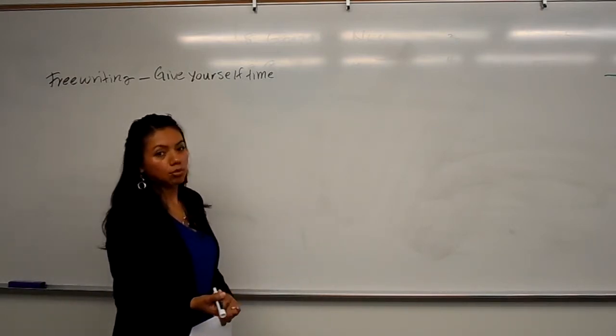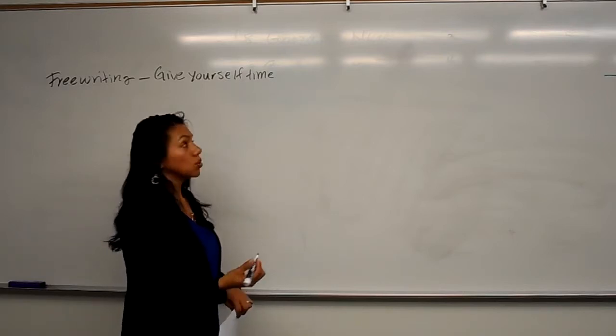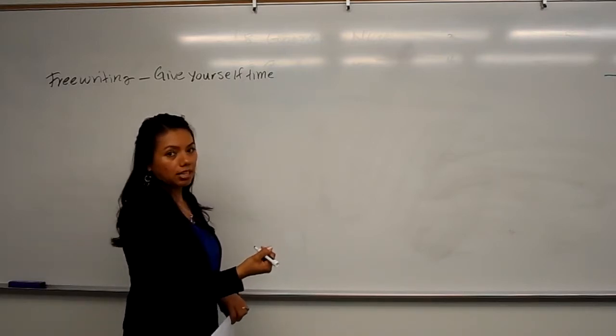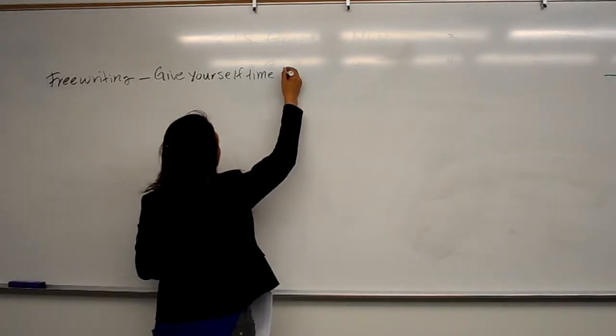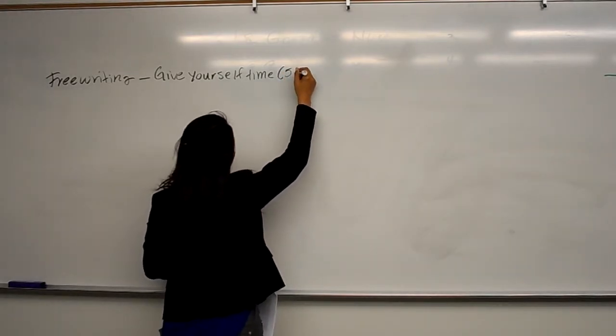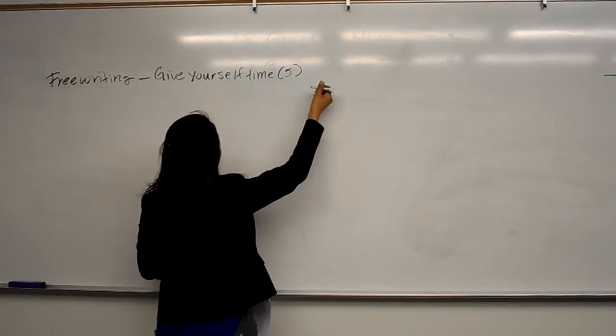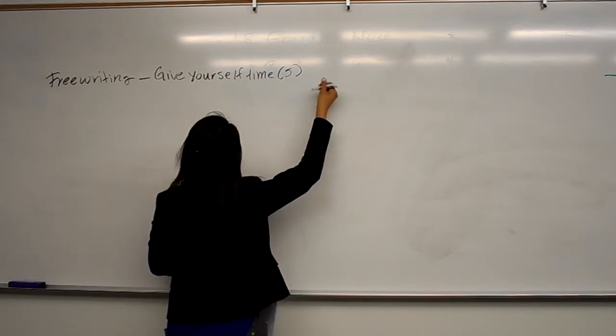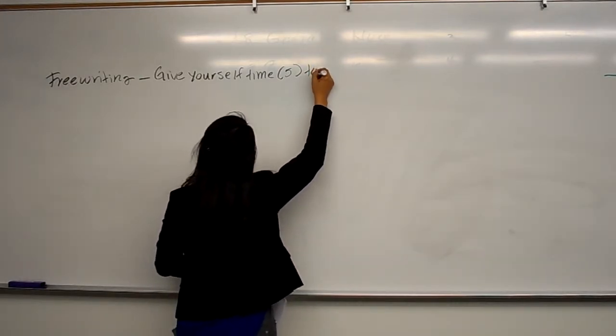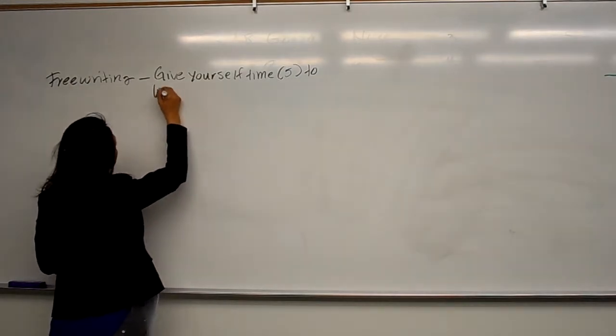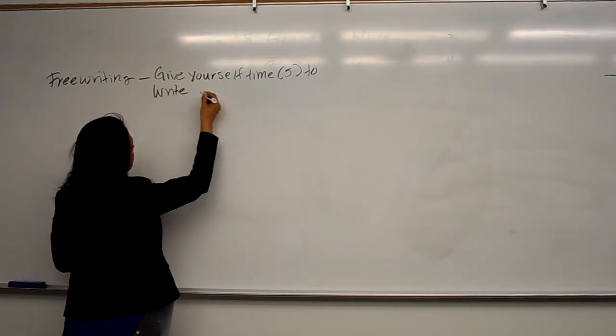If we were in class today, I would give you 5 minutes to do a free writing exercise, but since we're not in class, I will tell you to do this on your own. So give yourself 5 minutes, and what you do is write whatever comes to mind related to your subject.